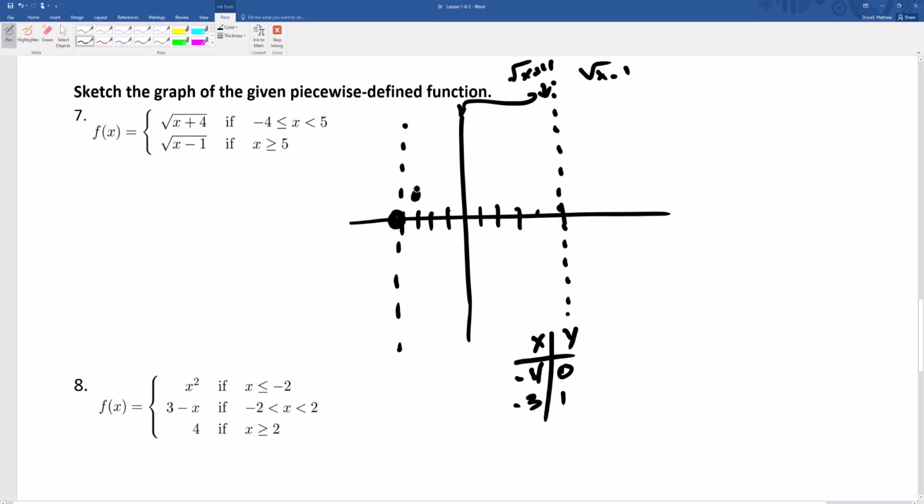You plug in negative 2, you're going to get the square root of 2, which, enter that in your calculator, is 1.41. And you just plug in values. If I wanted to plug in 0, 0 plus 4, square root of 4 is 2. So it's going to look like that, and then it's going to get cut off there.